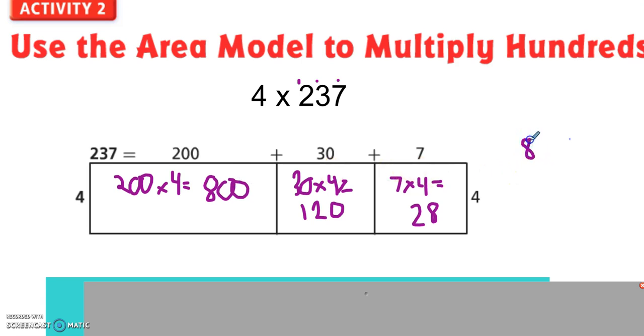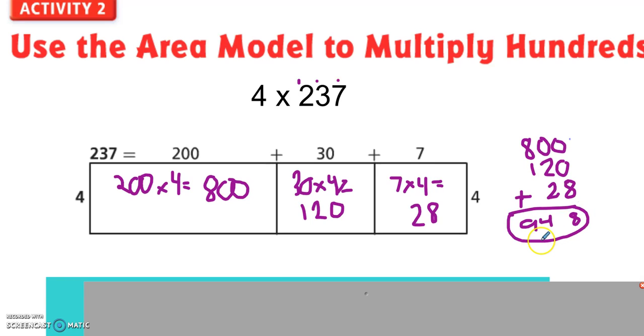I'm going to pull them over to the side, and I'm going to add them together. Okay. So my total product is 948.